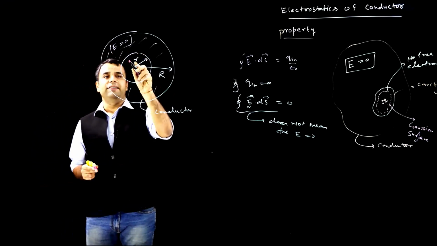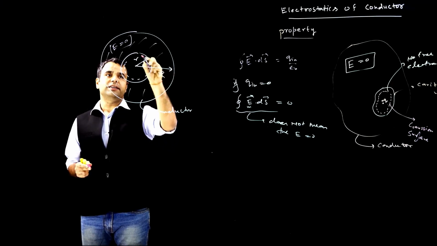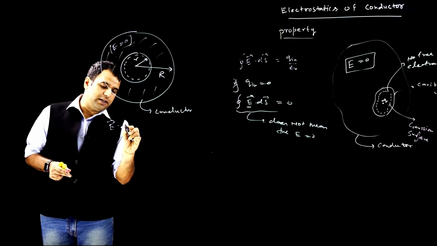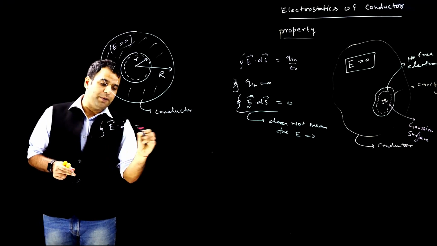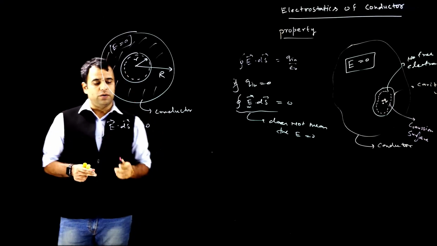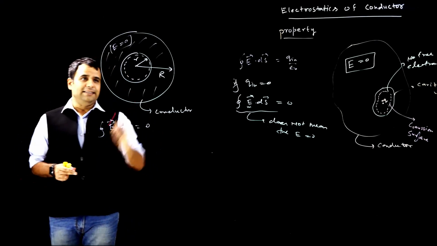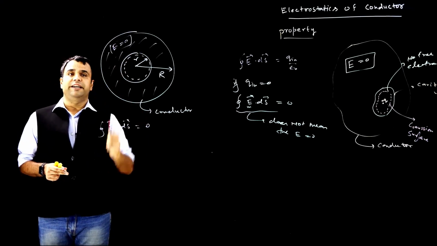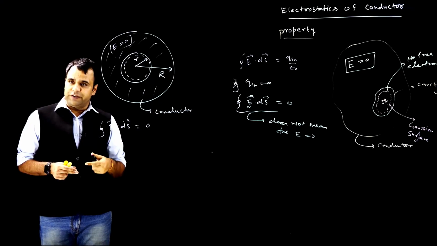Inside the cavity, I'll make the Gaussian surface. The integration of E dot ds will be equal to q in upon epsilon naught, and that is 0 because there is no internal charge. Since the Gaussian surface is spherical, the cavity is spherical, and the body is also spherical, there is a symmetry.